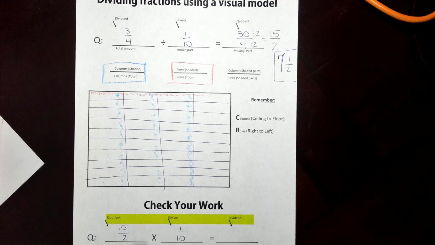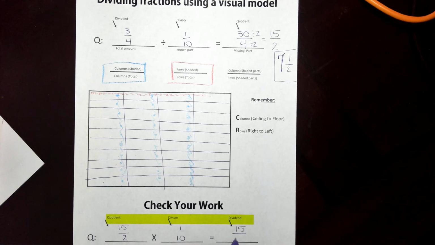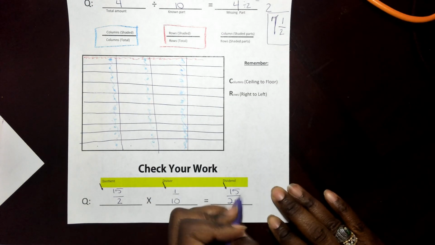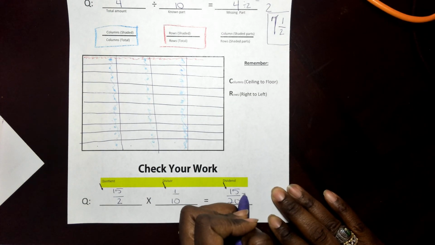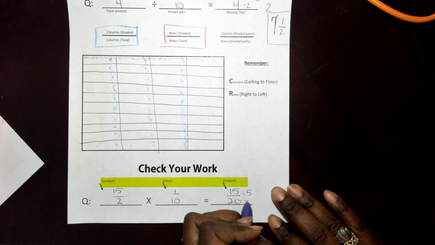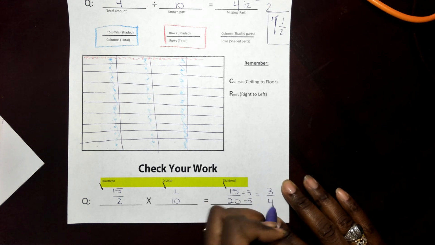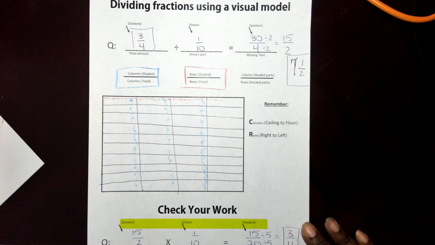So 15 times 1 is 15. 2 times 10 is 20. And I can reduce 15/20ths by using 5s. If I use 5s in the numerator and denominator, then I should end up with 3/4. And we noticed that it was 3/4 for our dividend.